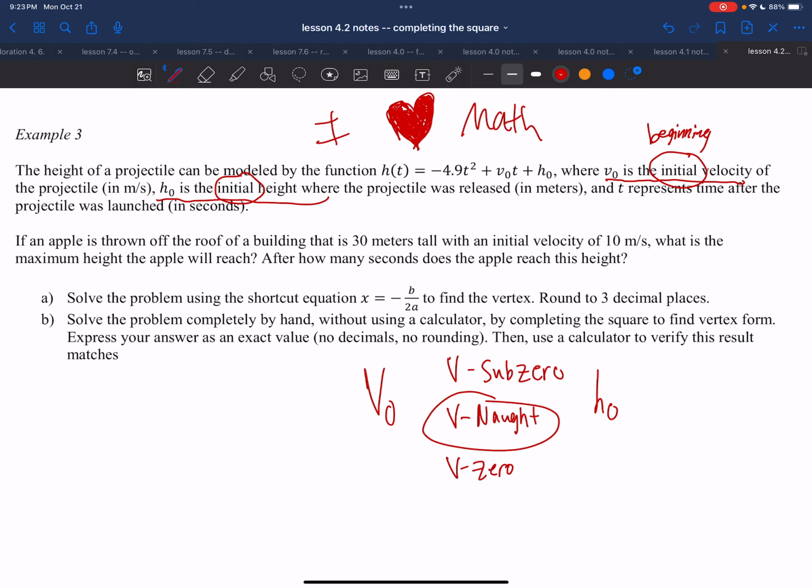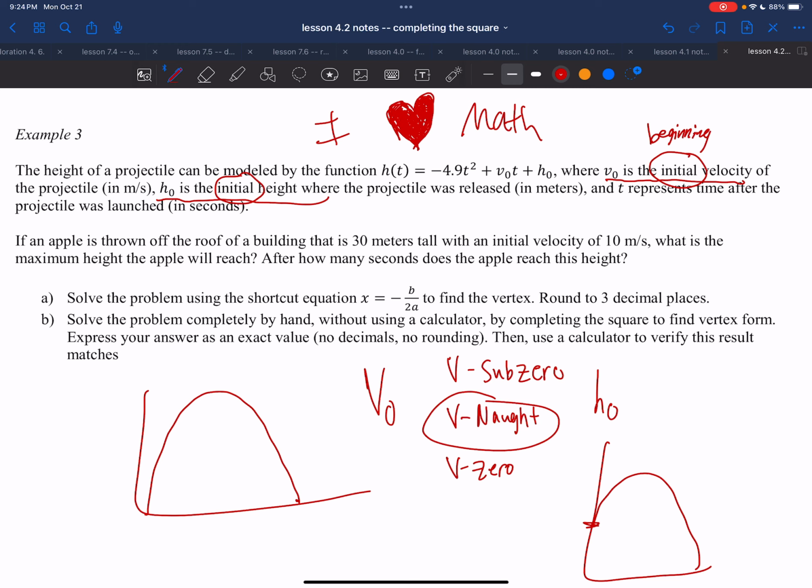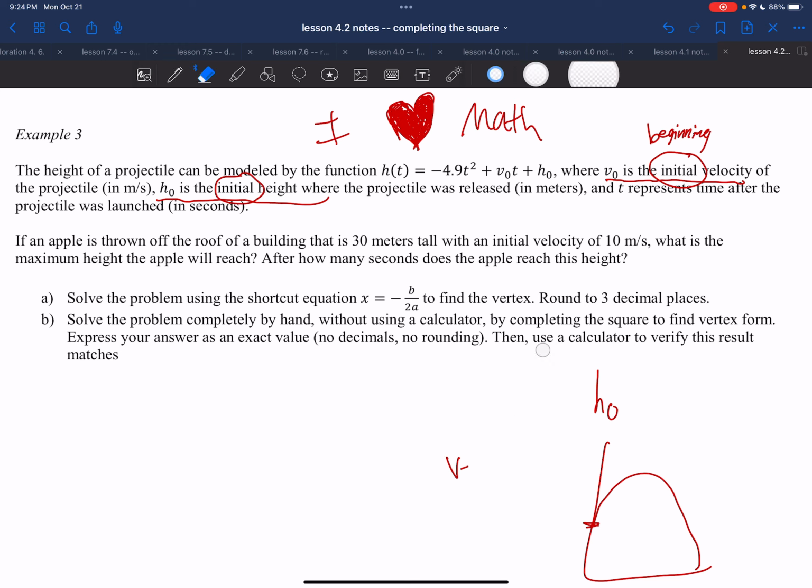And initial height is the height it's launched from. So maybe it's released from the ground, right? Maybe you're on the ground and you shoot something up and it goes up like this. Or maybe you're on a platform and then throw something and it falls down. So that's just some general context behind these kinds of questions. Okay, let's dive in further.